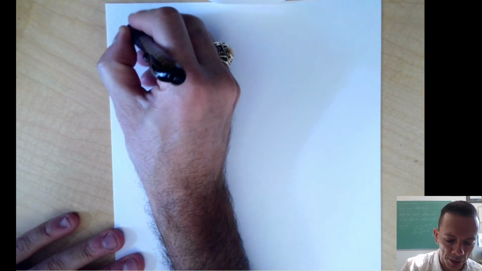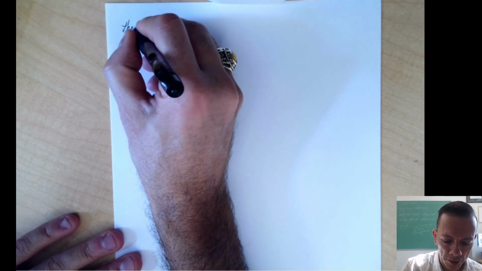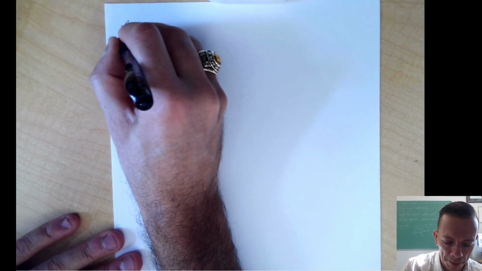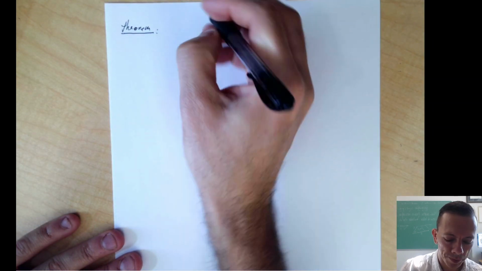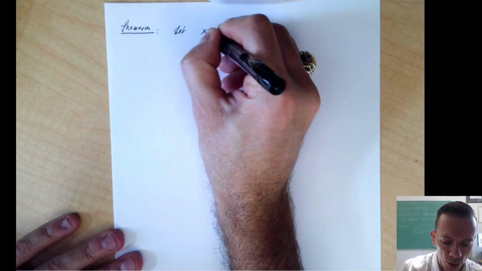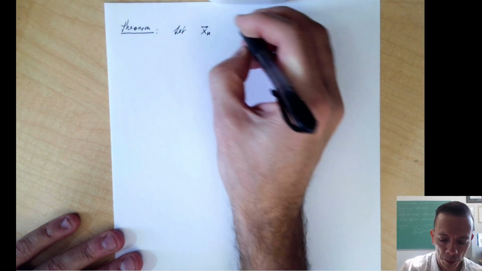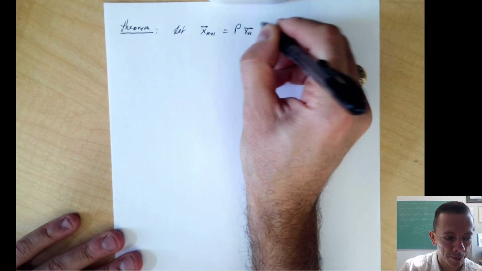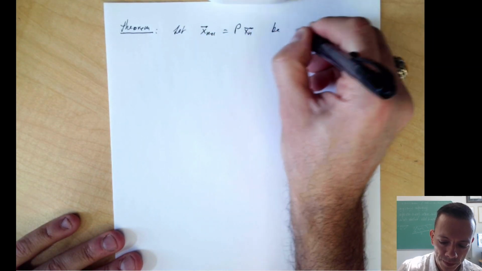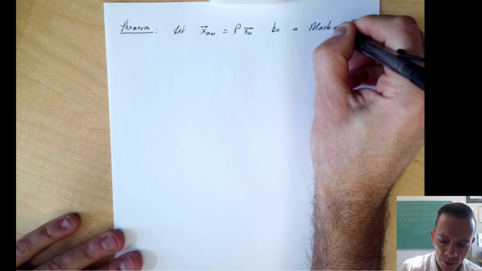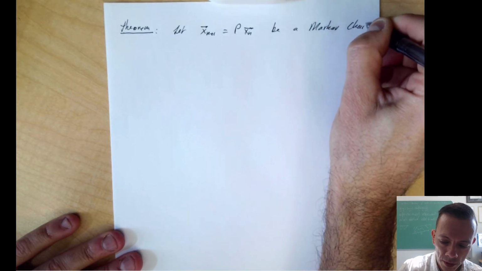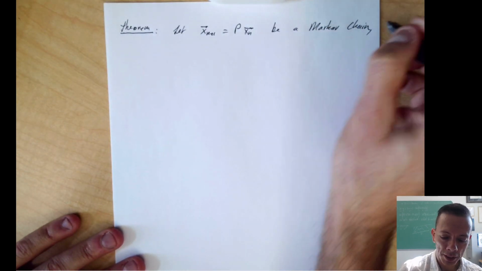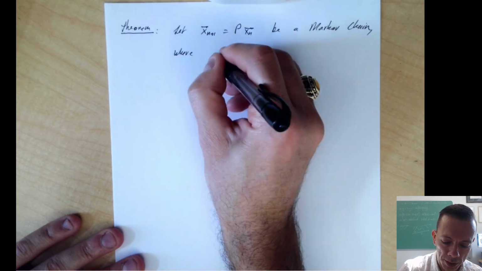Finally, another theorem that concerns eigenvalues and eigenvectors relates to Markov chains. So a Markov chain is of the form x_(n+1) equals P x_n. This is a Markov chain where P is a transition matrix.